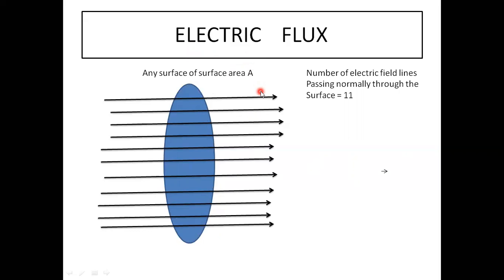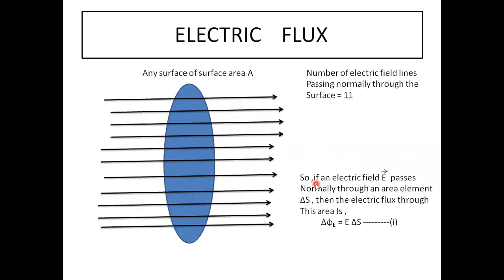We need to know the value of the electric field strength in a particular region and the value of the surface area through which those field lines are passing. So if we know the electric field strength E and the surface area, and we multiply those two quantities, we can find out how many field lines are passing through that particular surface.